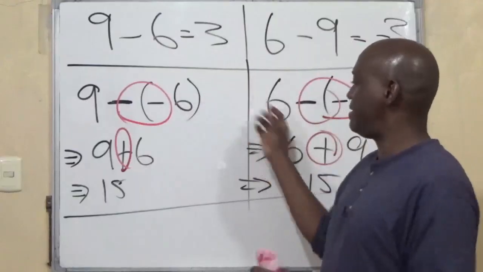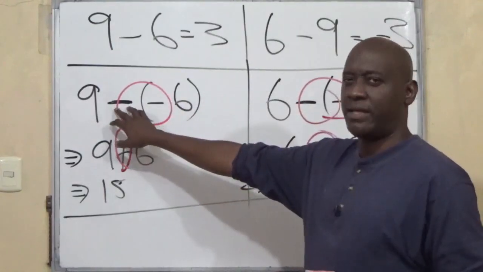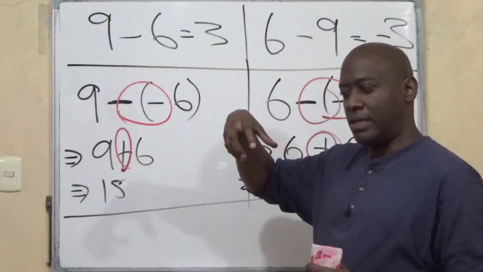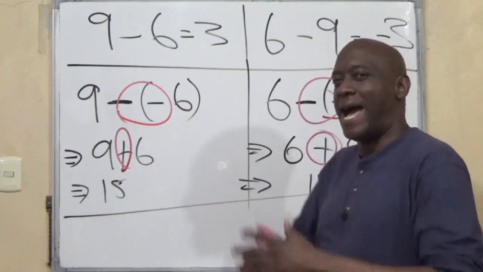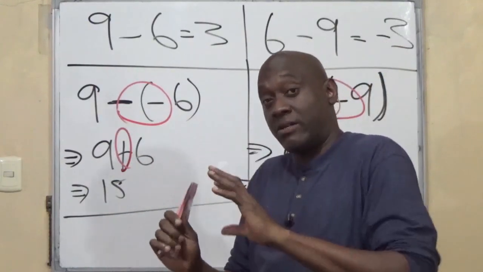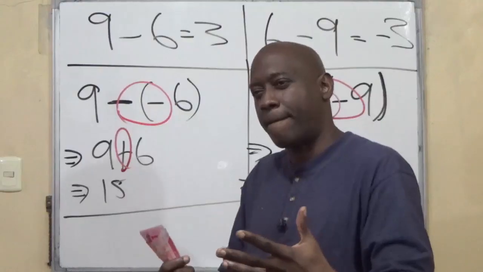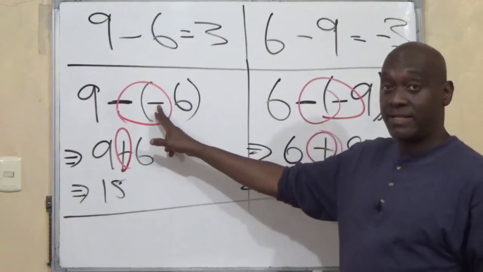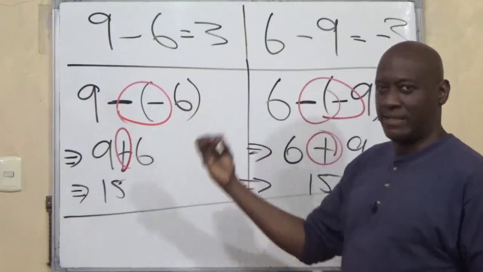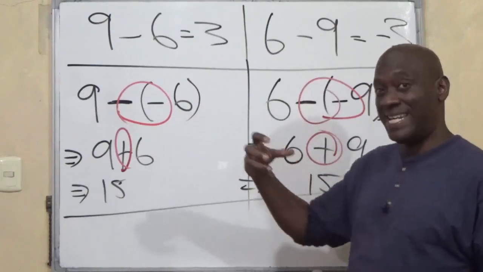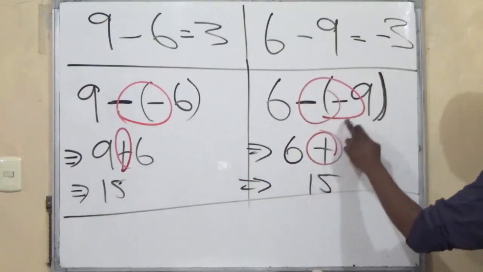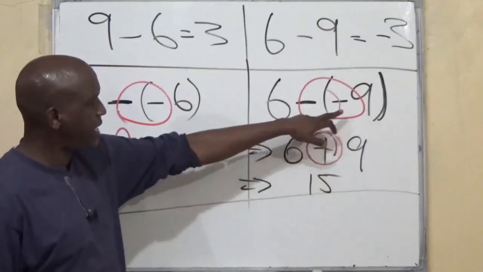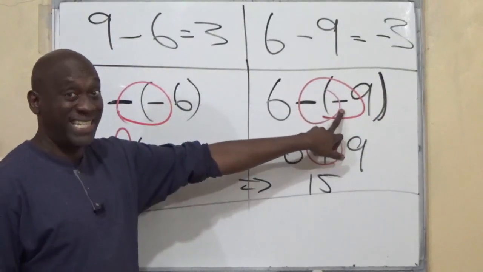In both of these cases here, this negative sign signifies a particular action, the action of reversal, you're reversing something. This minus here means a debt of $6. It means $6 leaving your account. Same story here. This negative sign in front of the 9 signifies $9 leaving the account.